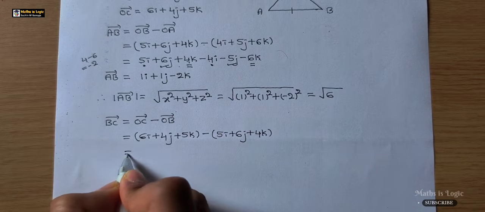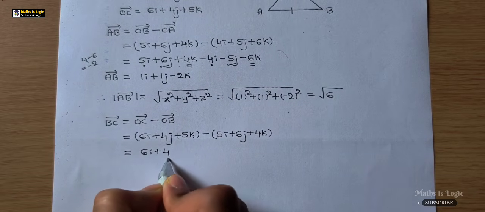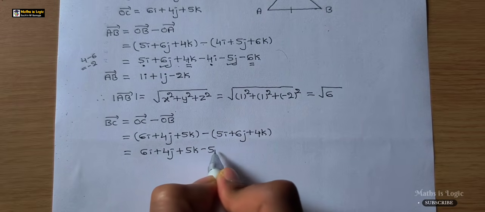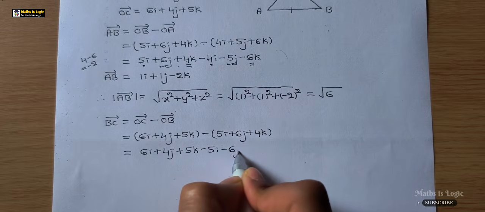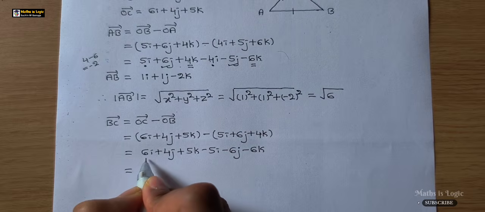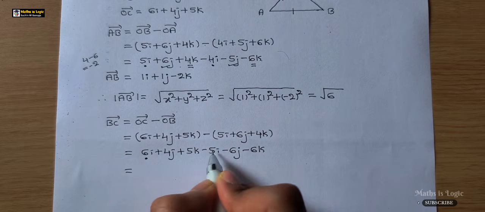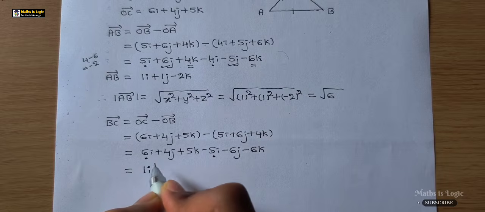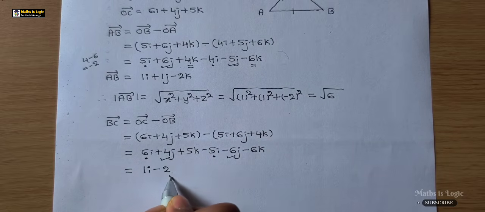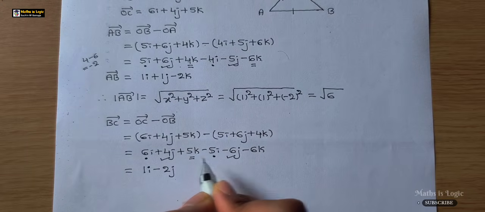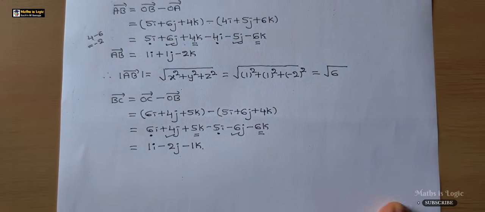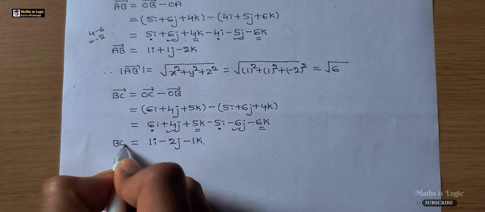Open the bracket, so which is equal to 6i plus 4j plus 5k, minus into plus is minus 5i, minus 6j, minus 4k. i with i term: 6 minus 5, 1 times i. j with j term: 4 minus 6, minus 2j. Next k: 5 minus 6 is minus 1 times k. So this is the value of BC vector.